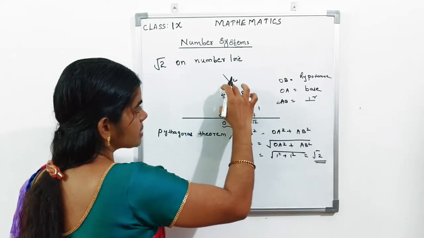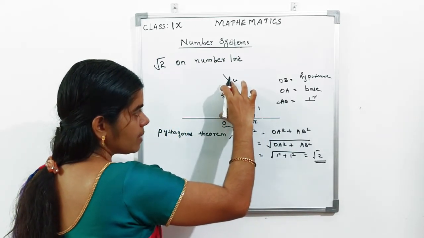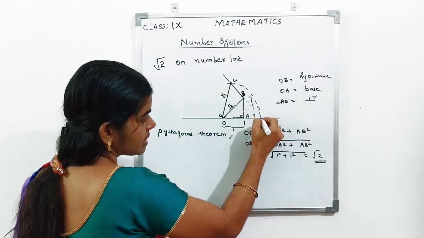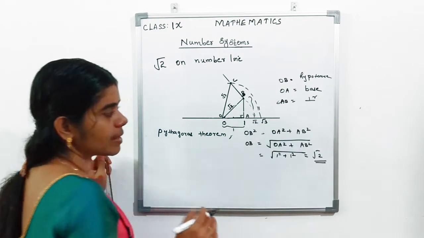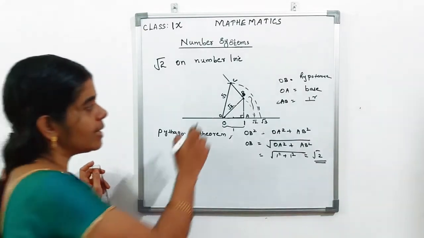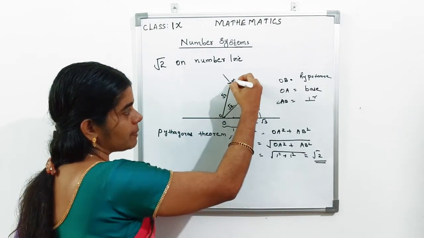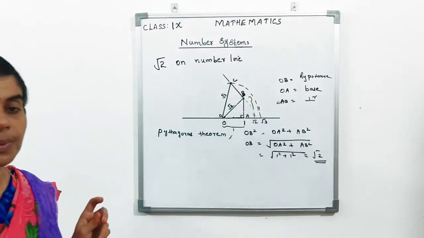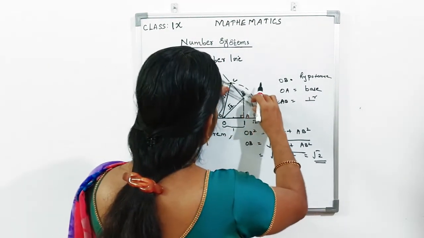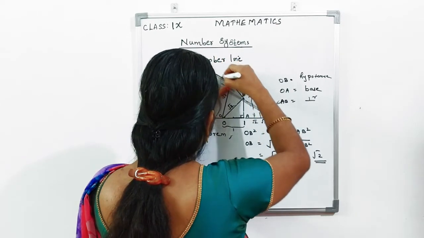Then take the distance OC on the compass and draw one arc. Where it touches this number line, that will be root 3. Then if you want root 4, how can we do it? Again, at the point C, keep the protractor and take a 90 degree line.